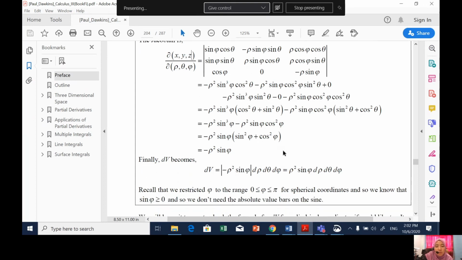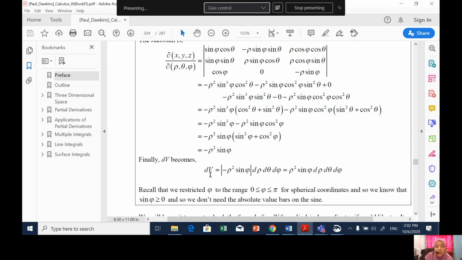Okay, so the next step is to substitute into the change of variable for the triple integral. So for the triple integral, we have here dv. This is our determinant, so we just multiply it with d rho d theta d phi. Once we determine the determinant, we put it into the dv.